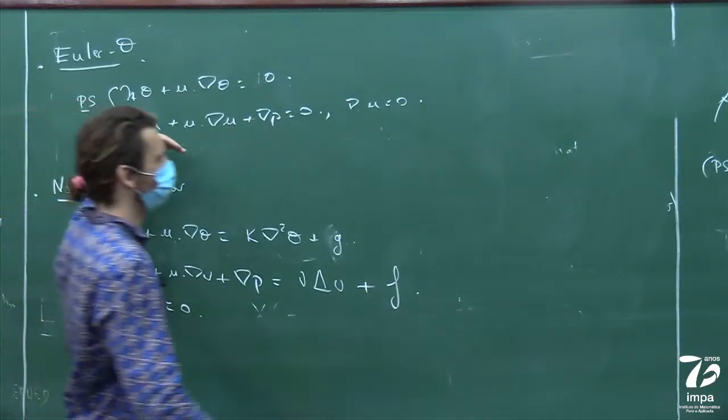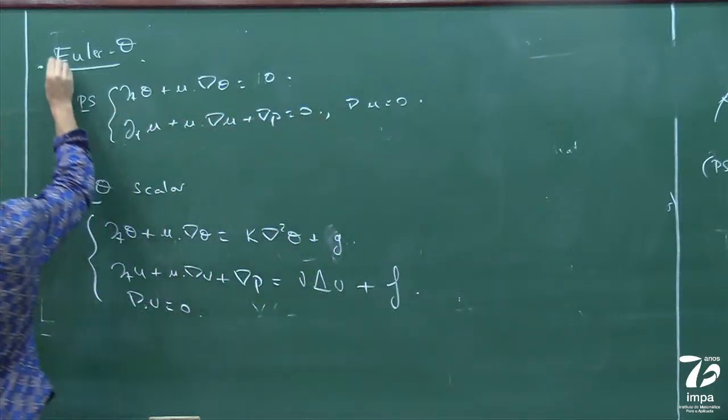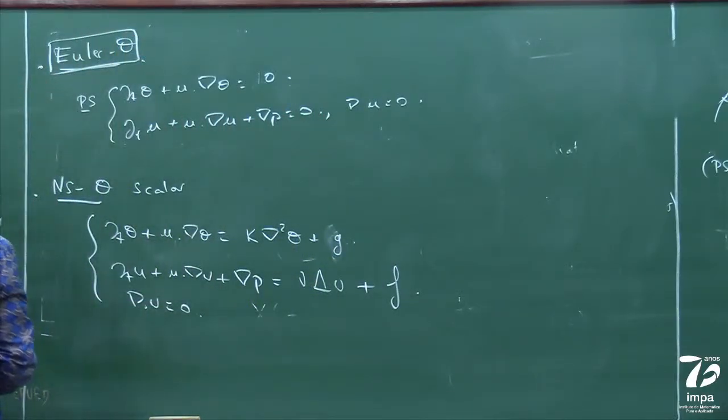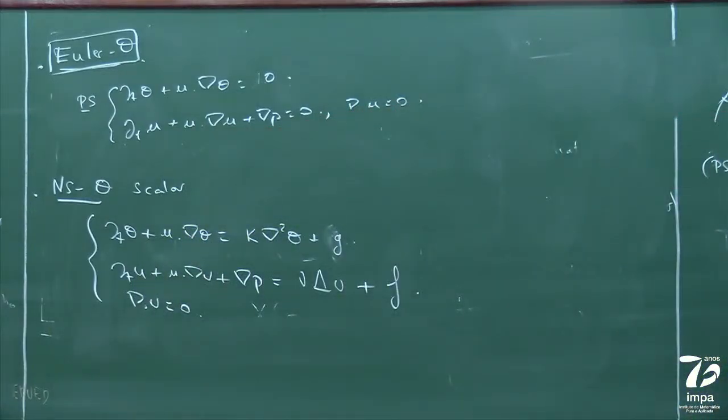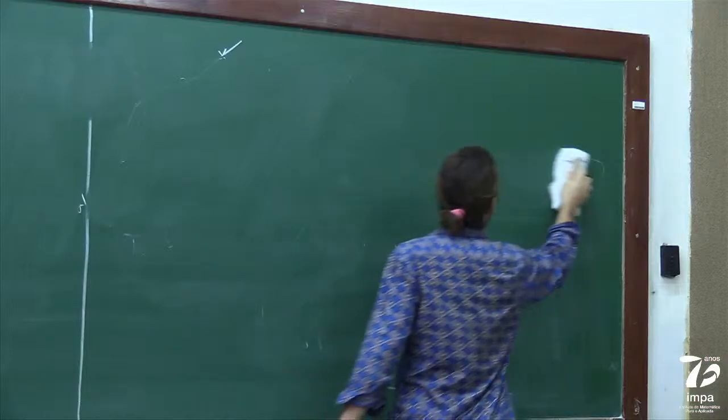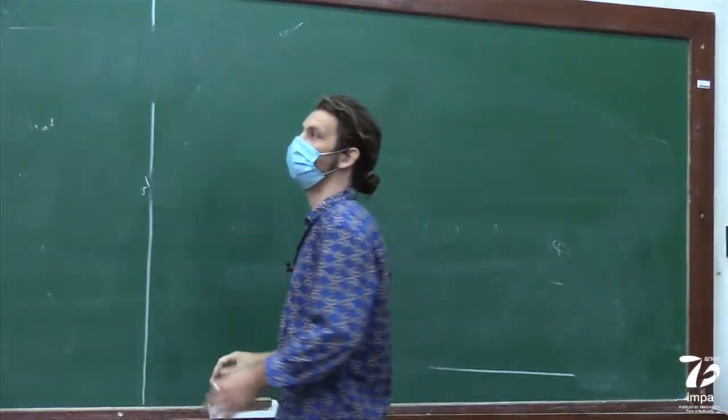First, let's begin with this one and discuss some of its properties, to make an analogy with the underlying velocity field. In particular, we can discuss the presence of conservation laws.